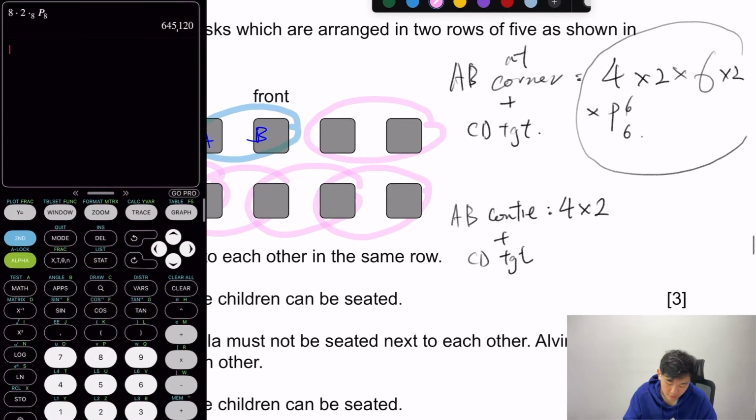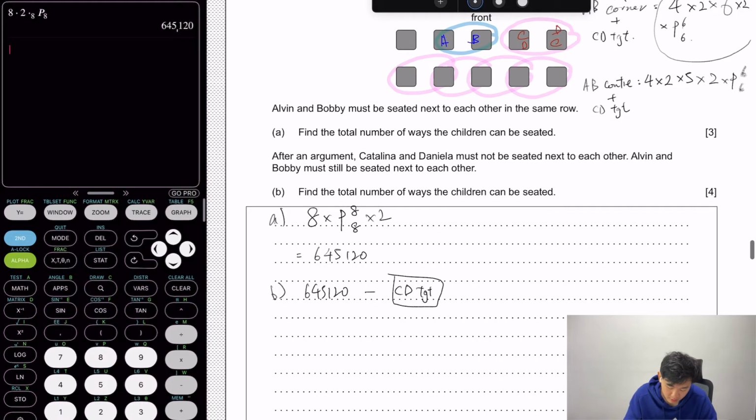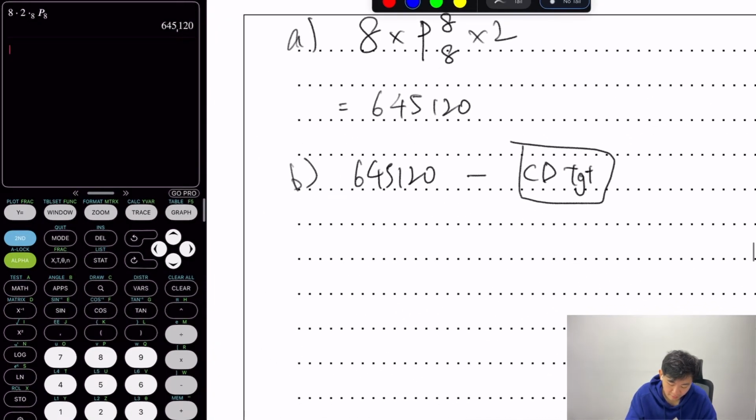So you're going to times 5 for CD seated together, and each pair can also swap positions, CD or DC, right? So you times 2. And again, the remaining 6 seats, you times by 6P6. So for CD together, you have basically two styles.